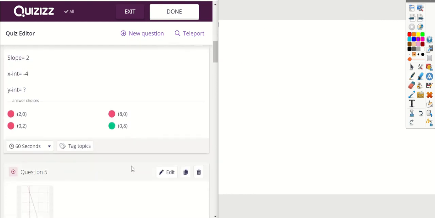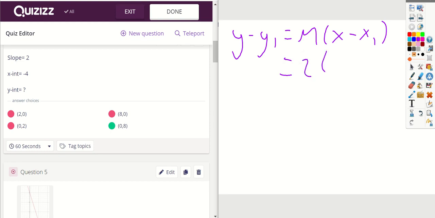All right, they gave me slope and x-intercept, and they want to know what the y-intercept is. So this x-intercept counts as a random point. When they give us a random point, we are going to do our point slope. My slope is 2, and it says my x-intercept is -4, which means that y is 0.